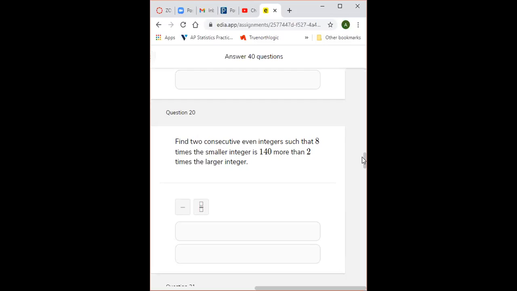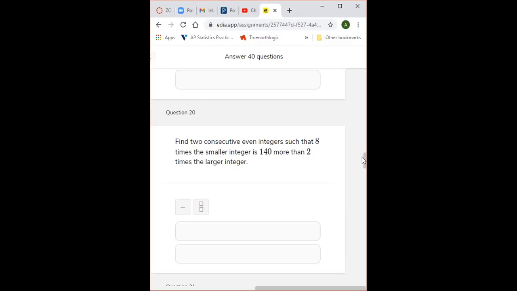We're going to get our x's together, so I'm going to subtract this 2x, which gives me 6x. Last step, divide by 6. And in my calculator, it told me 24. It asked for 2 consecutive even.